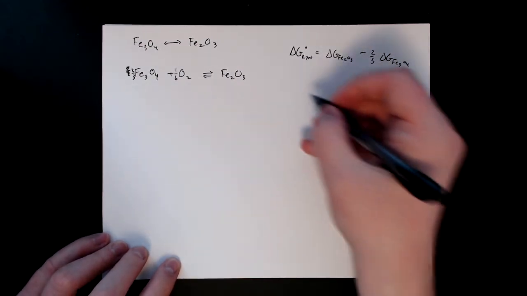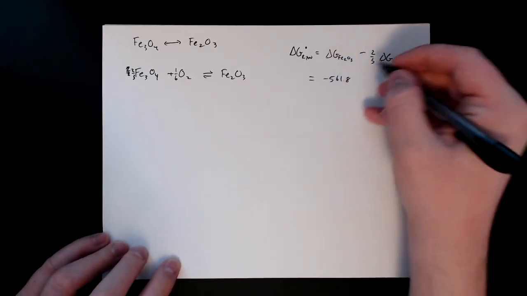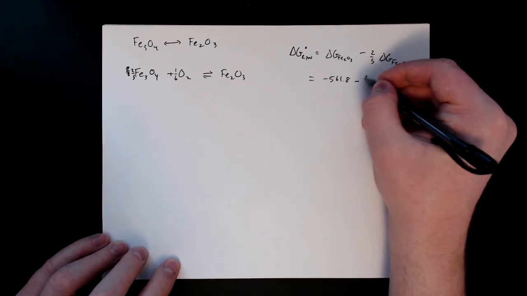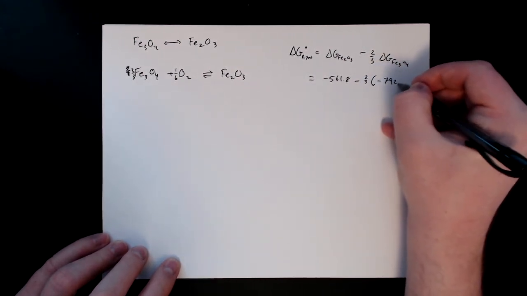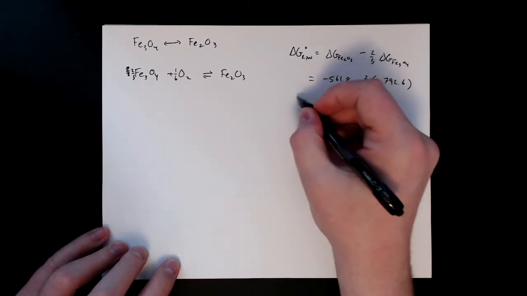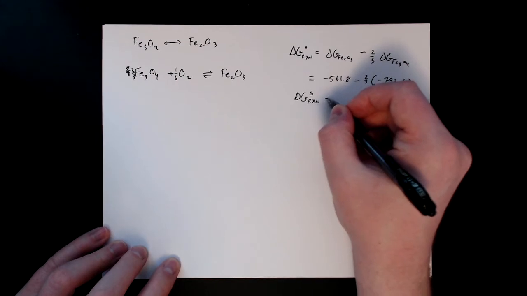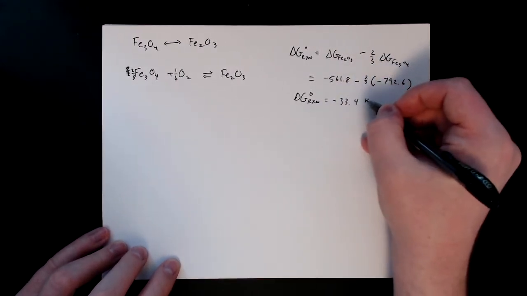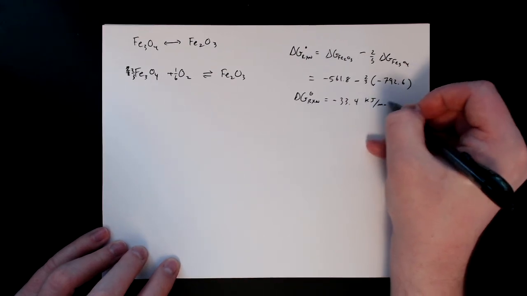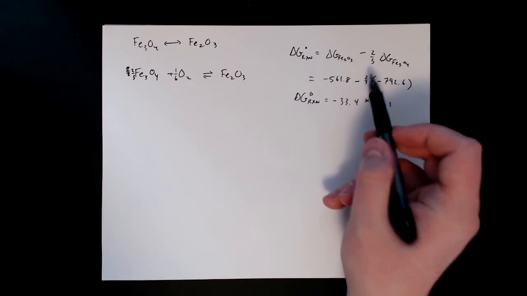Using the values that we had, that gives us minus 561.8 minus 2/3 times minus 792.6, and overall, when we plug those numbers in, we get minus 33.4 kilojoules per mole.